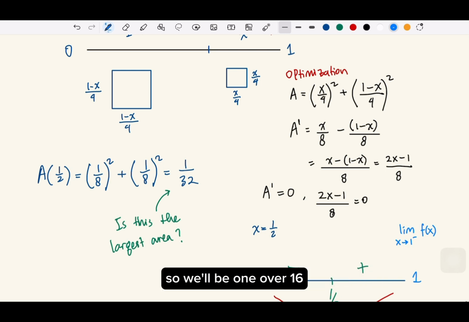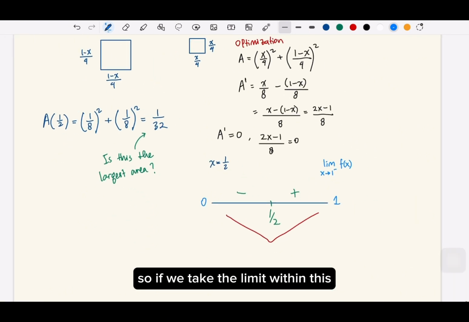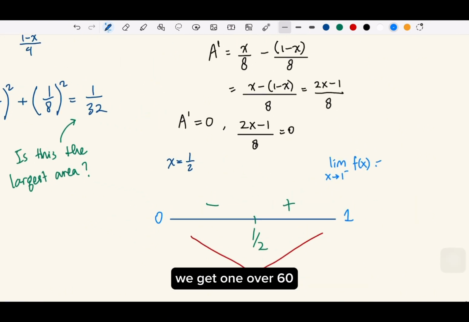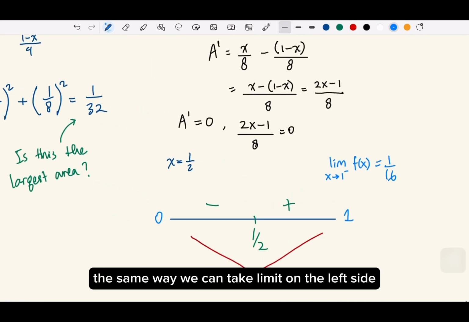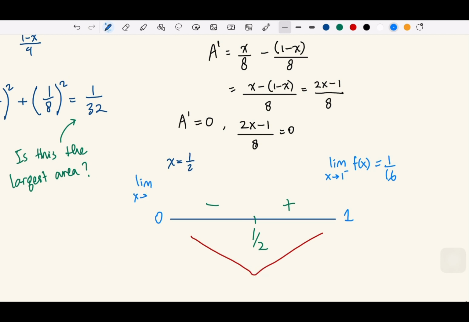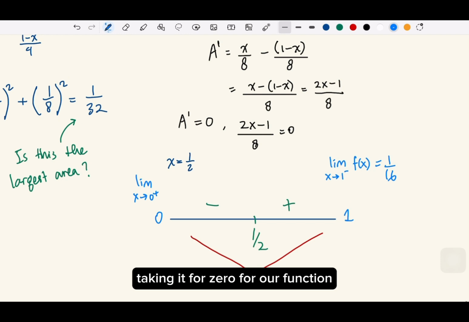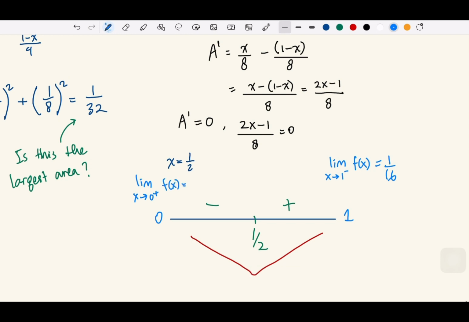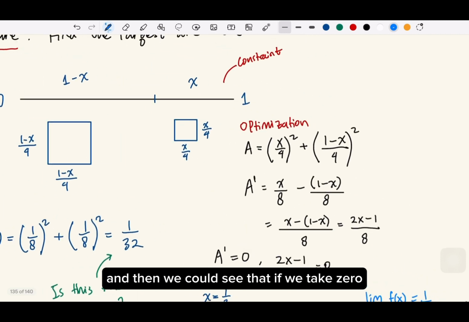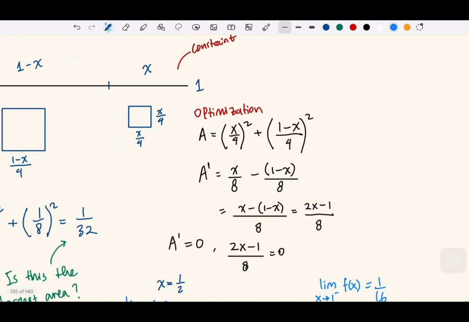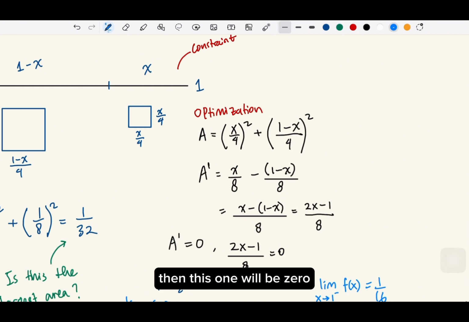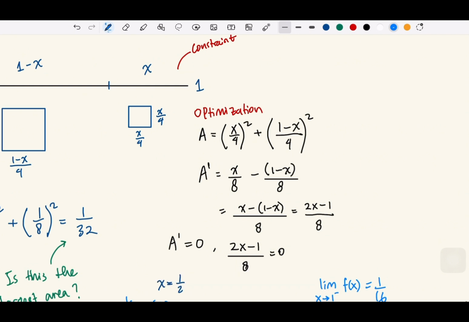So it will be 1 over 16, right? If we take the limit, we get 1 over 16. The same way, we can take the limit on the left side, taking it for 0 for our function. If we take 0, then this one will be 0 if we take the limit, and this will be 1 over 16.